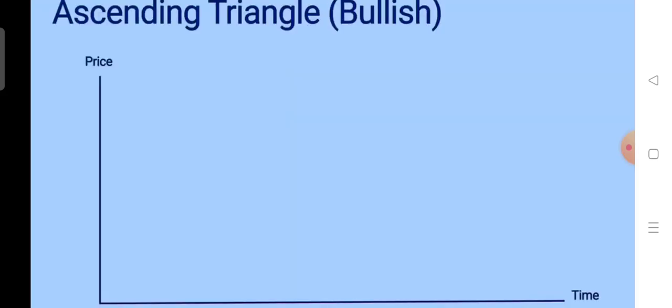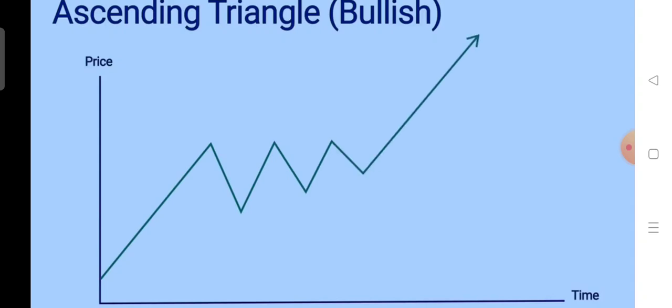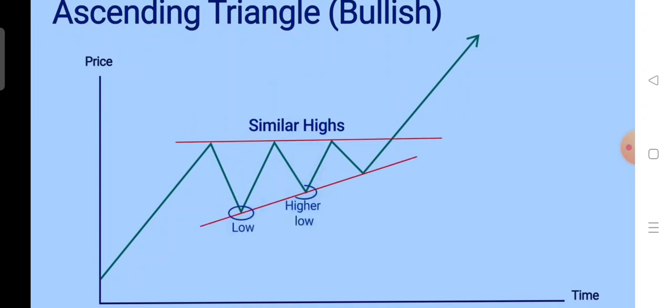First, the ascending triangle. An ascending triangle happens after there is an up move, and then, in the form of price consolidation, the highs that are made during that consolidation are at a similar level, and the lows are at a slightly higher level as the price action progresses.